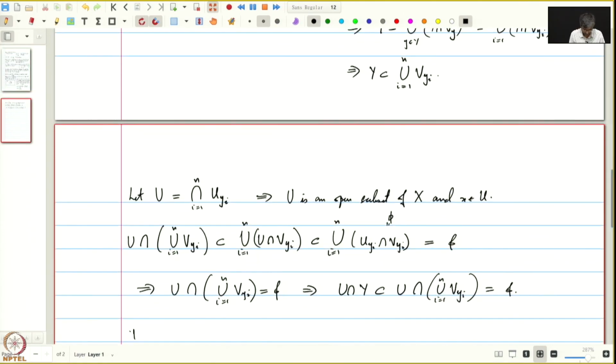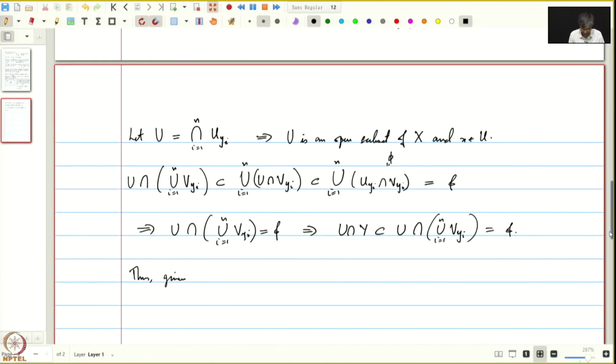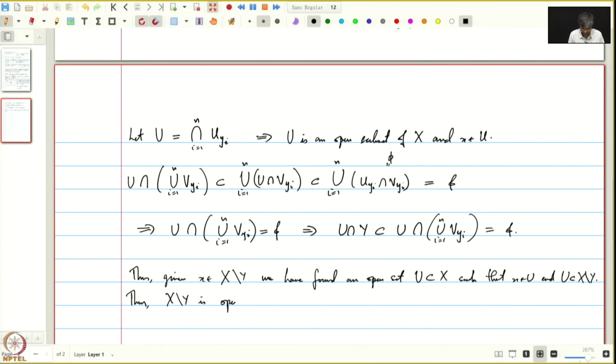So thus, given this point x in X minus Y, we have found an open set U open in X such that x belongs to U and U is contained in X minus Y. Thus X minus Y is open. So this completes the proof of the proposition.